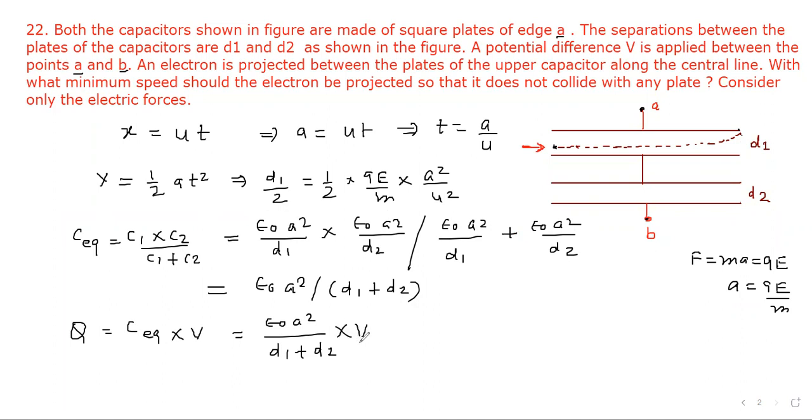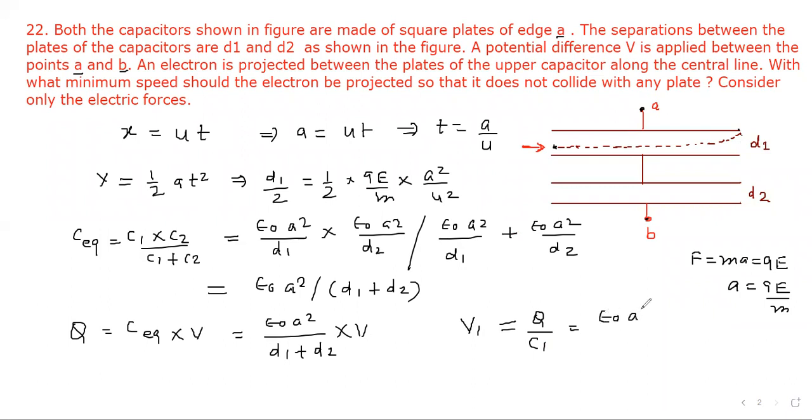Now, we find the potential difference across the first capacitor, which will be V1, the charge on it divided by its capacitance. Since the capacitors are in series, the charge will remain the same.